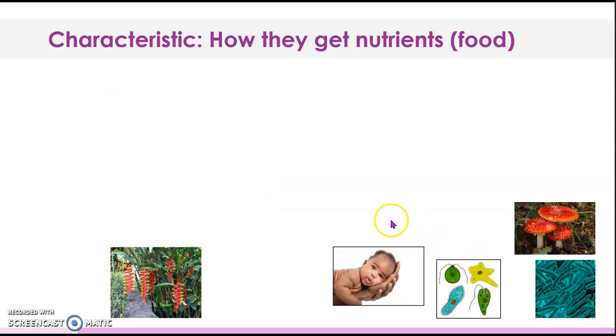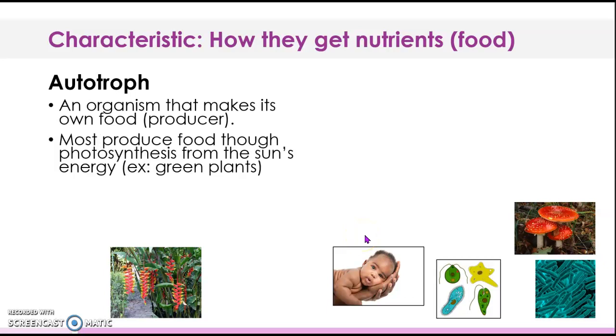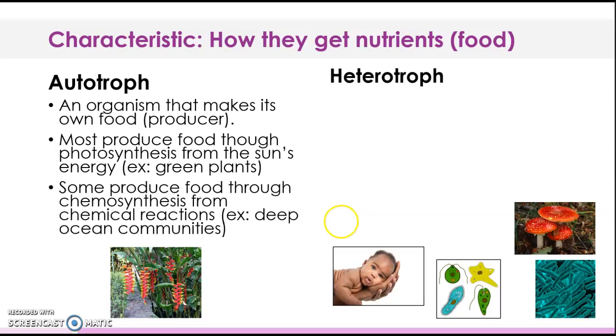Characteristic, how they get nutrients or food. Okay, autotroph. An organism that makes its own food. It's a producer. Most produce food through photosynthesis from the sun's energy. An example of that would be green plants. Some produce food through something called chemosynthesis from chemical reactions.